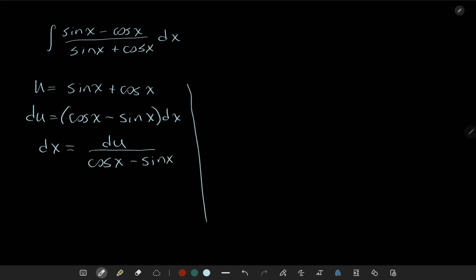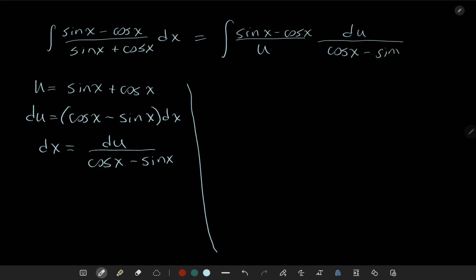All right, so let's plug that in and see how that works. So sine x plus cosine x, the denominator, is simply going to be u. Now let's leave the numerator alone, so sine of x minus cosine x. Now in place of dx, I'm going to write du over cosine x minus sine x.